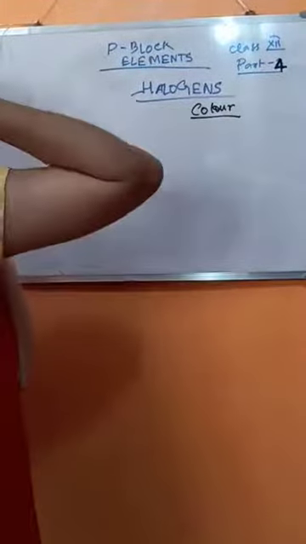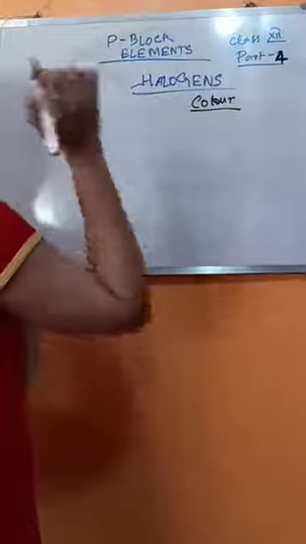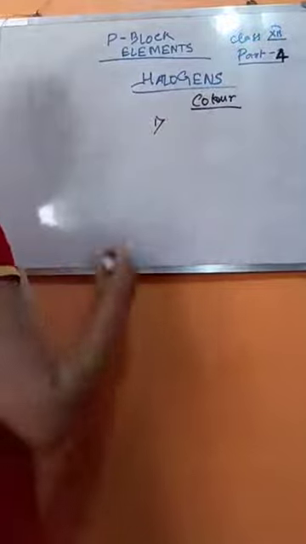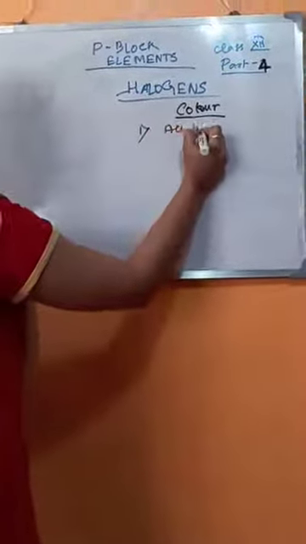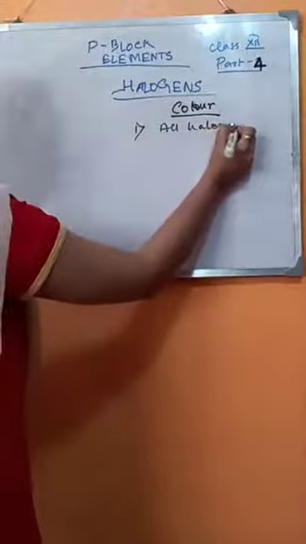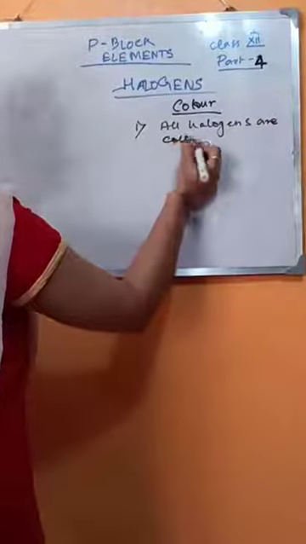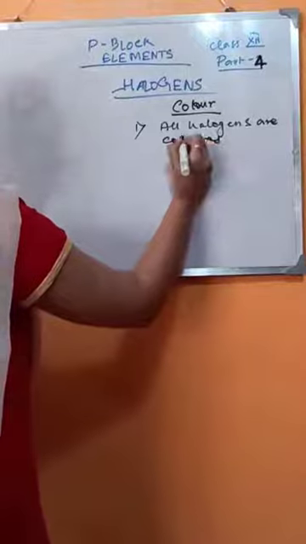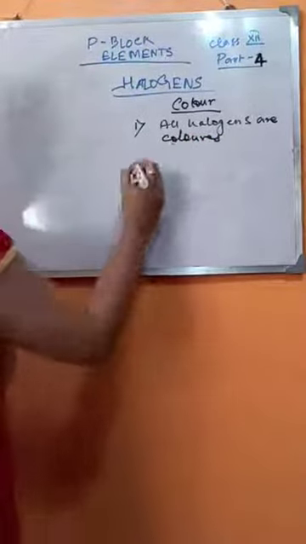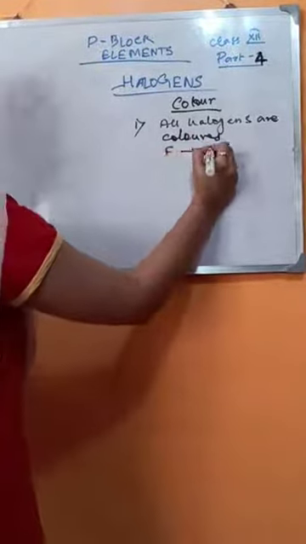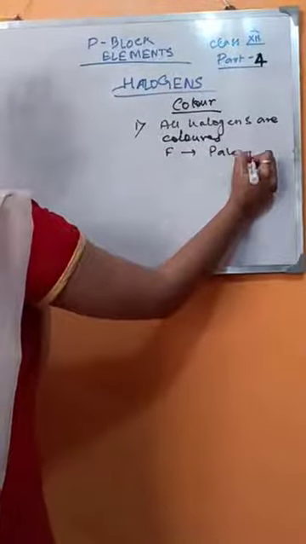Here are many points which are important. The first point is all halogens are colored. Fluorine, pale yellow.